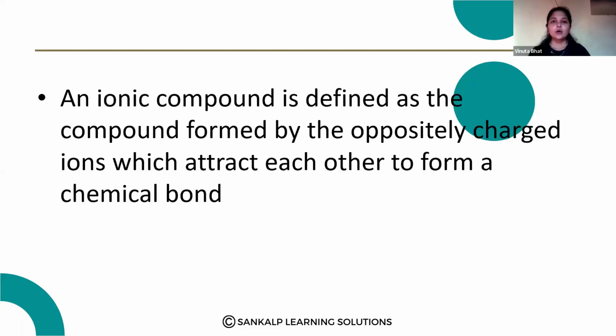An ionic compound is defined as a compound formed by oppositely charged ions which attract each other to form a chemical bond.